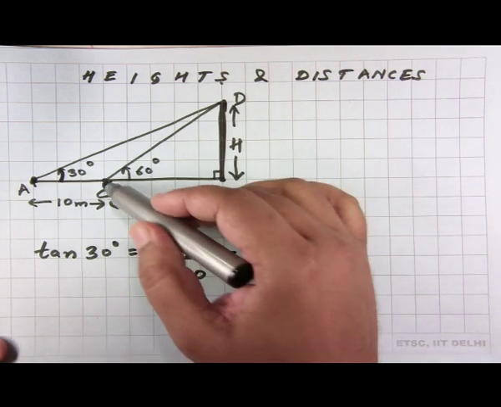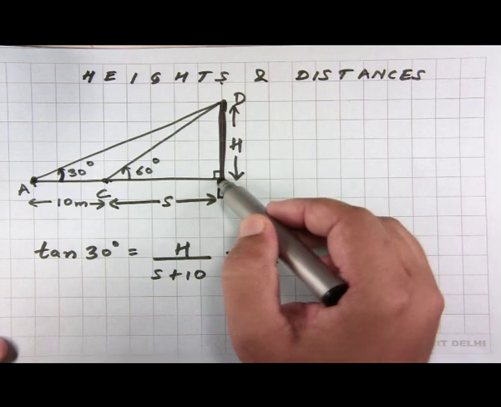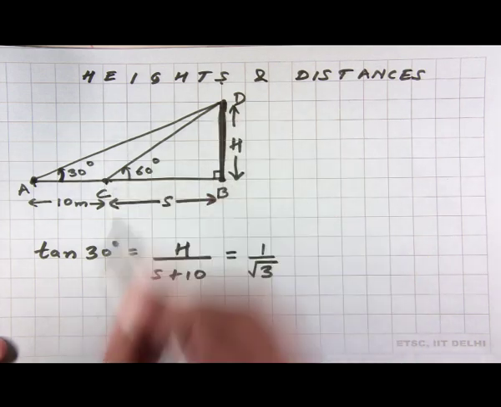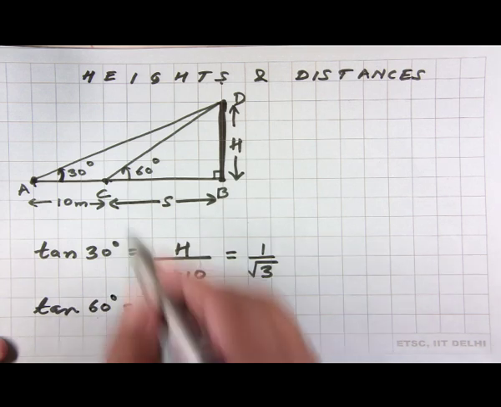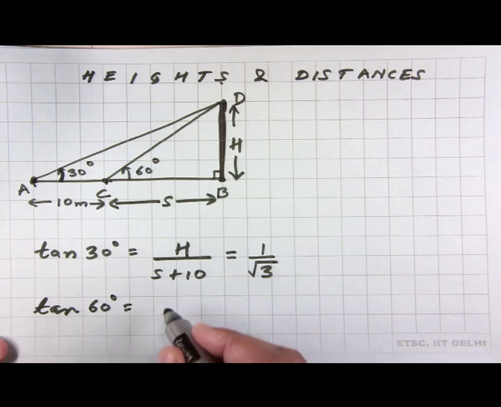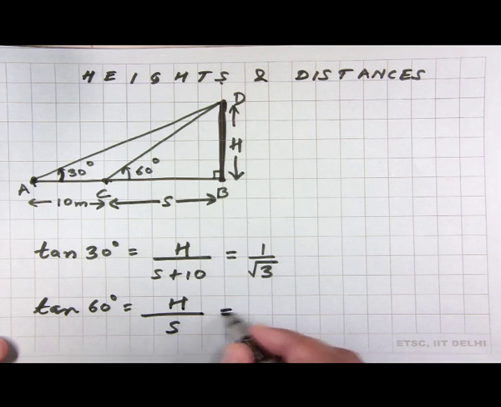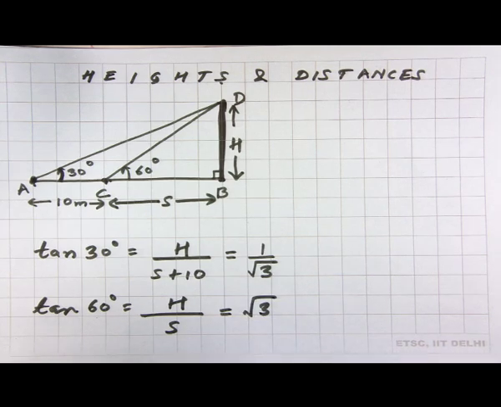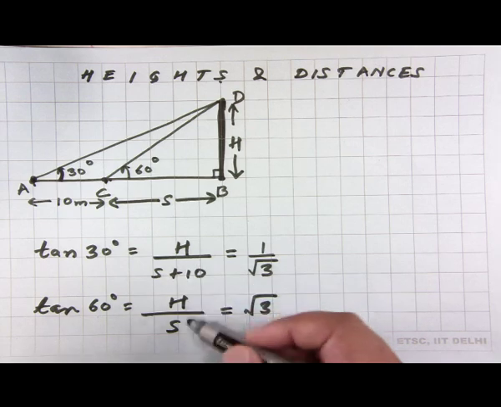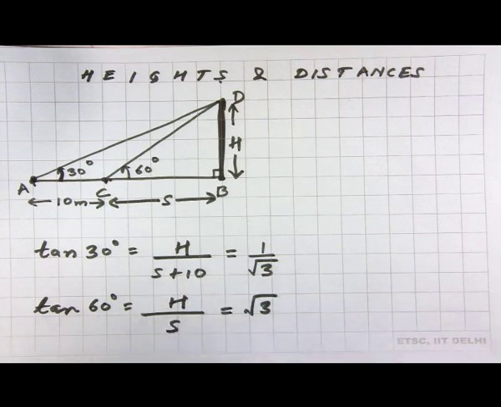And then you look at the other triangle CDB, this triangle, and you again write the tangent of the angle, the 60 degree elevation angle, and using the same formula you get it to be equal to h divided by s. In this case, tan of 60 is equal to root 3. So, now you got two equations and two unknowns, you should be able to find both h and s.